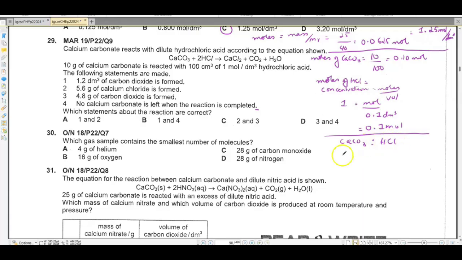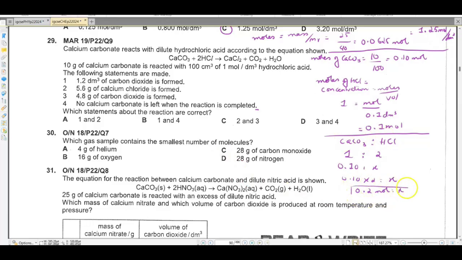CaCO3 is 1 mole, HCl is 2, and moles of CaCO3 are 0.10, and we have to find the moles of HCl that were required for this reaction to completely get completed. So 0.10 into 2 is equal to x. This is going to give us 0.2 moles.